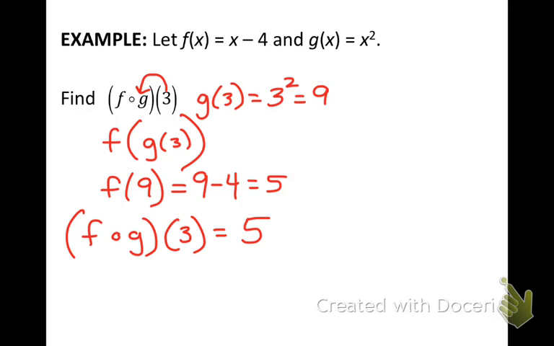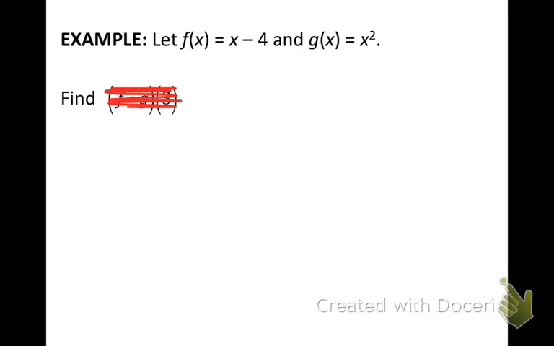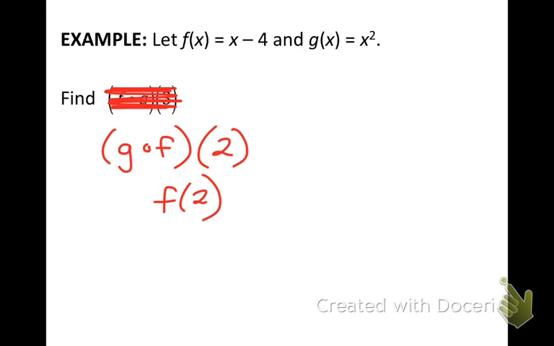See how that works? What if we did it a different way? So let's ignore this one. What if we had g of f of, I don't know, let's go 2. How would we do that? The 2 is going to go into which function first? The f, right? So that means we're going to evaluate f of 2 first.